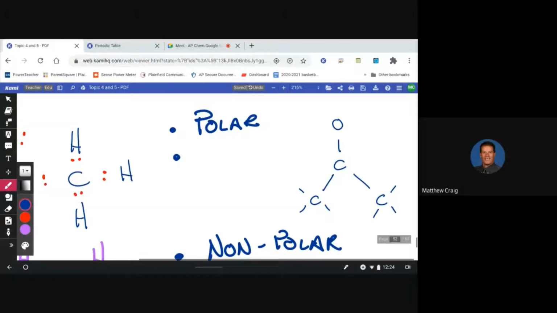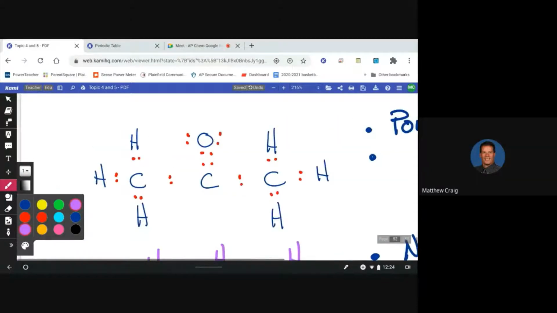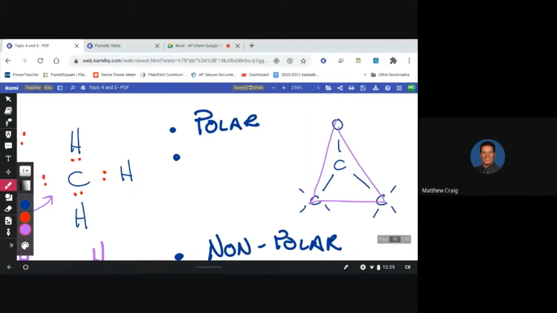But also, we just said that this is a trigonal planar shape. So even though in two dimensions it looks like everybody's in a straight line, they are not in a straight line. So when the first question asked you about the bond angle between the carbon, carbon, carbon, they wanted you to start thinking about this shape.